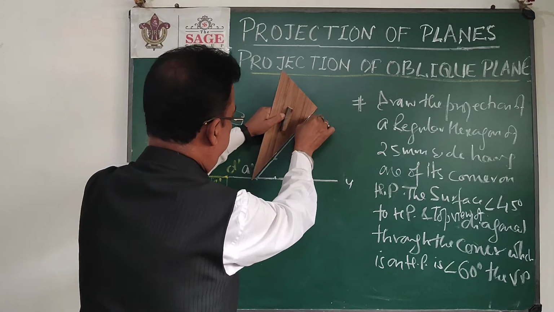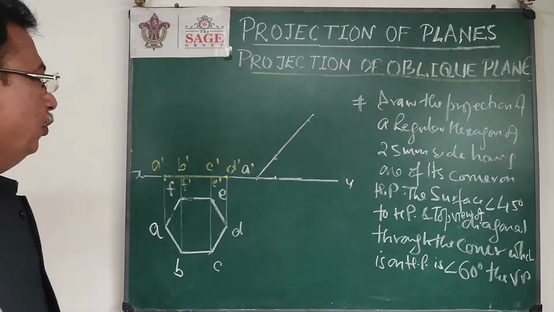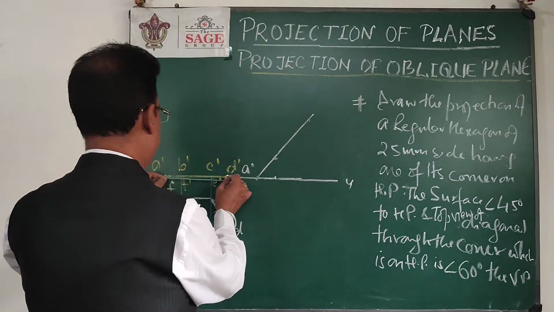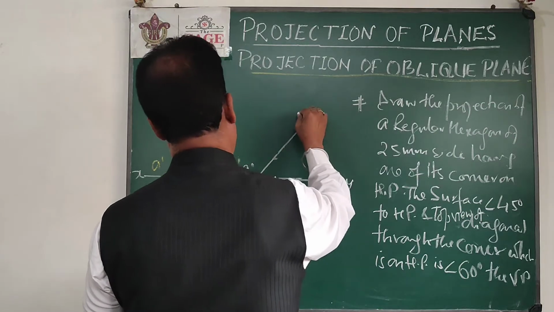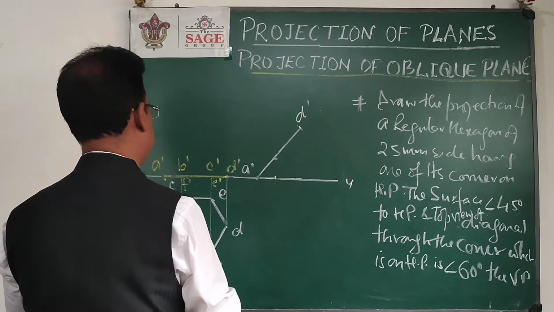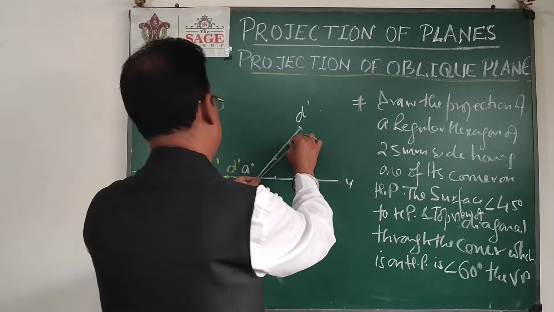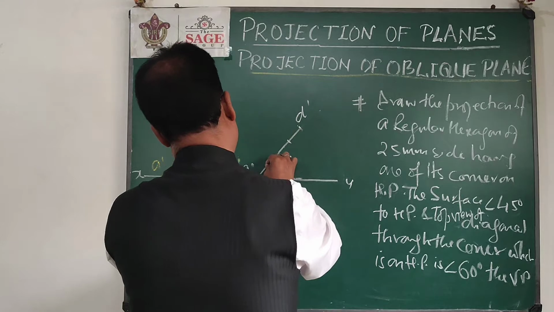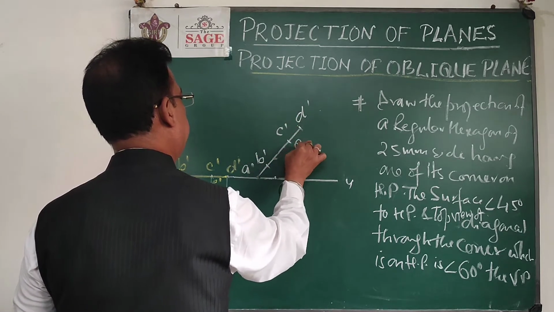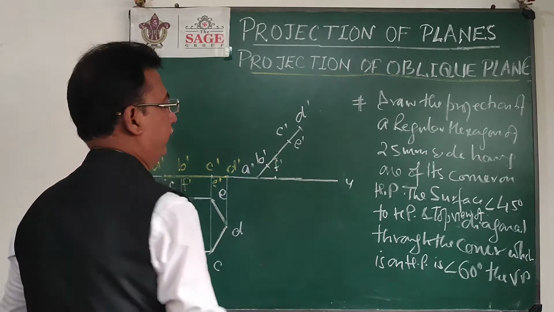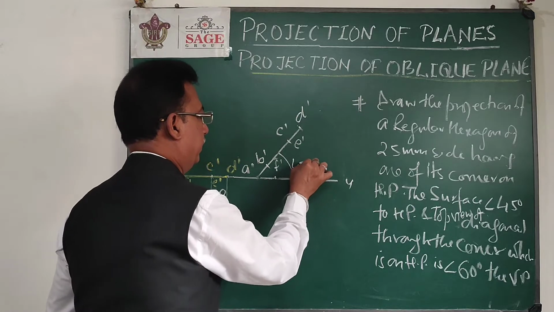As you know, when we rotate the front view, the length of the front view is not going to change. So from the earlier figure I can mark the distances. So this will be D dash, this point will be C dash, opposite corner will be B dash. So B dash, C dash, D dash, E dash and F dash. Now our plane will be inclined at 45 degree to HP.